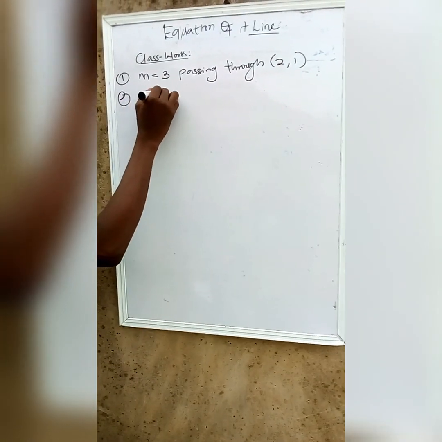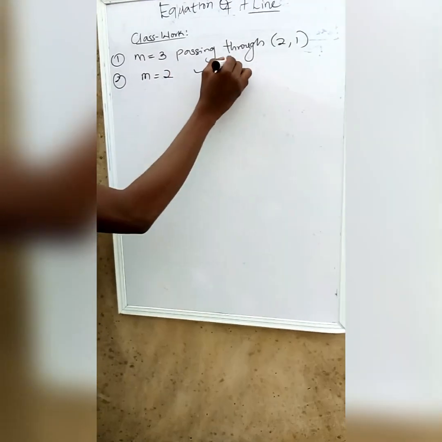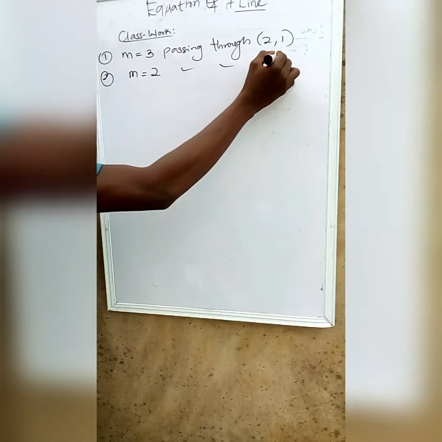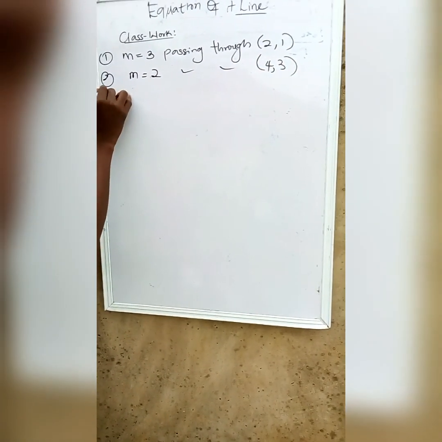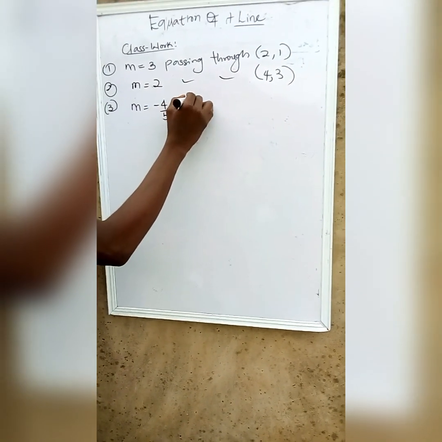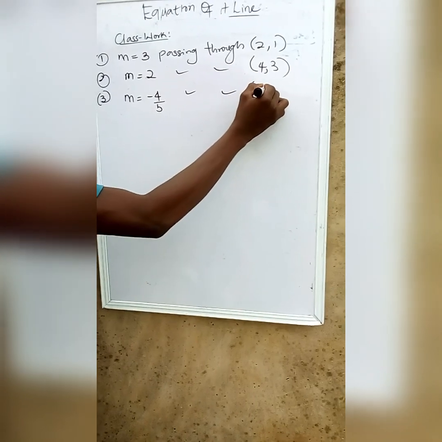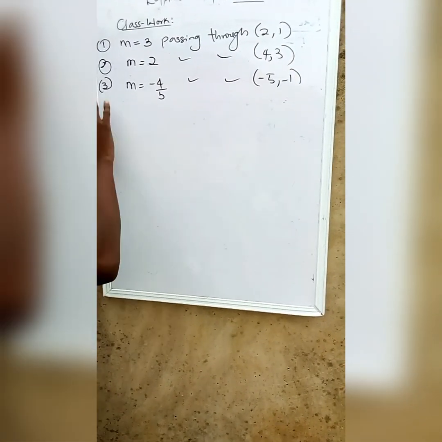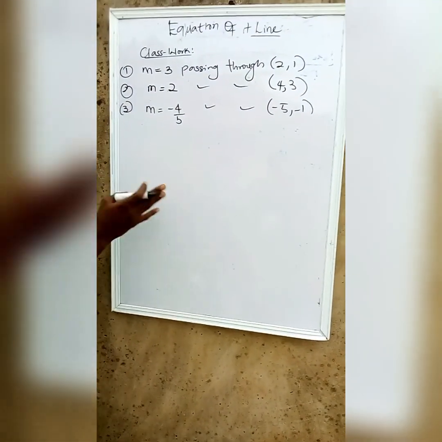Another one, m is equals to 2, passing through 4, 3. Then the third one, m is equals to minus 4 over 5, through minus 5, minus 1. So take this one, practice it.